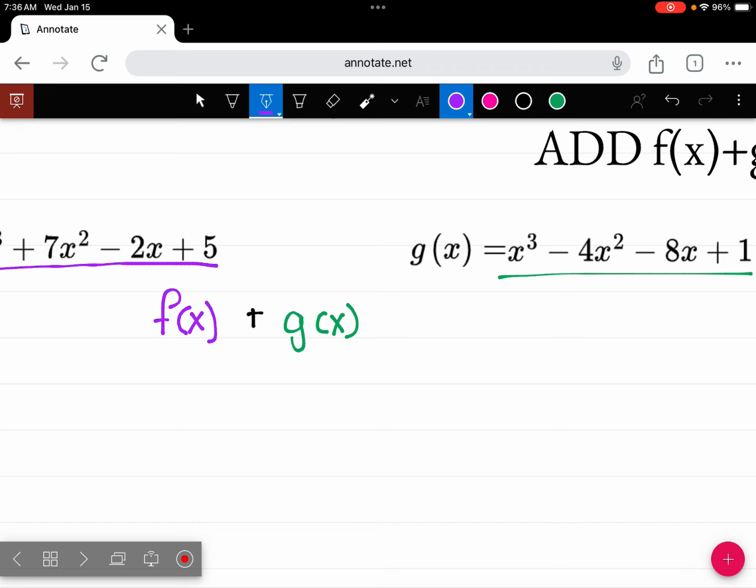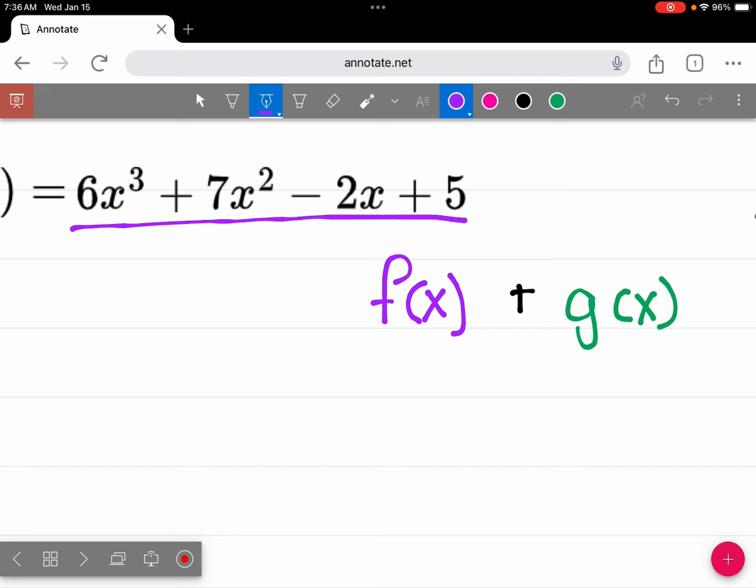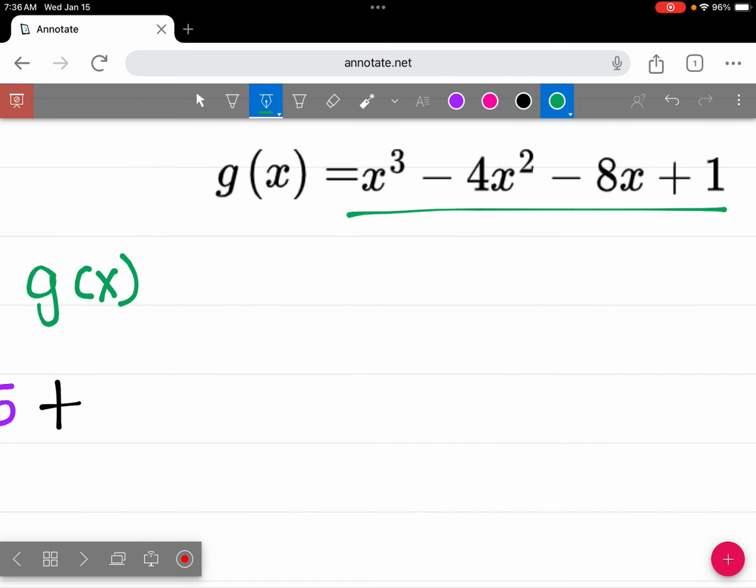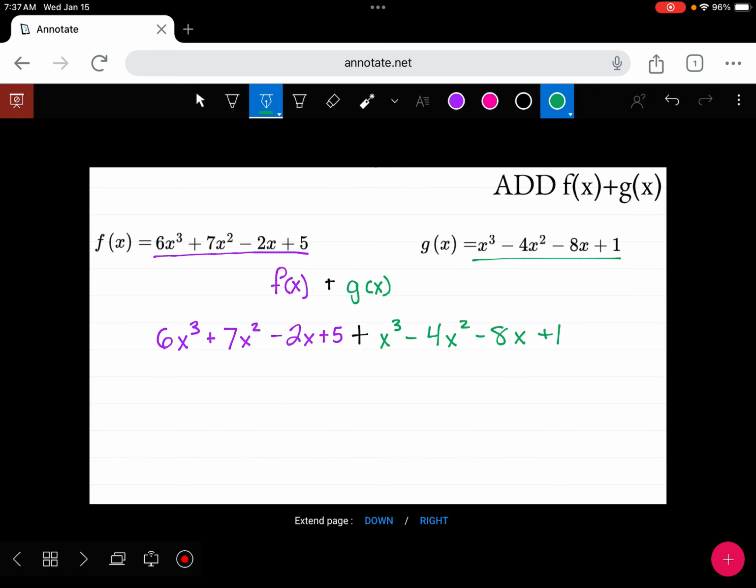If we were subtracting, we would need to because we would have a step to do before we can just combine like terms. So I'm taking these two pieces and we're going to smash them together to add.